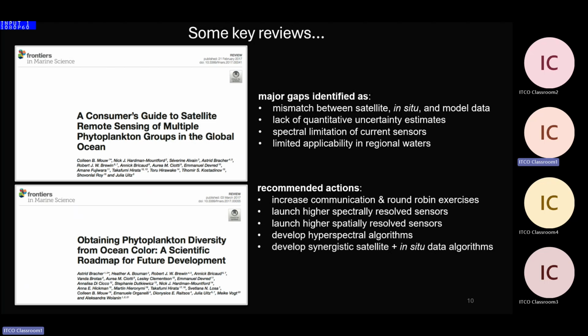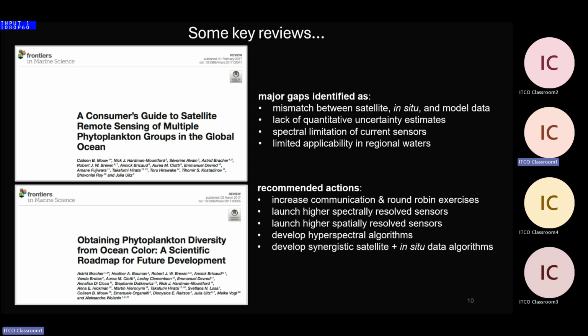Who's heard of these round robin comparisons? Anybody? Round robin is where you have a bunch of different algorithms and you want to figure out which one might be the best for your area, or how they perform when you compare them to one another. But that can be tricky because sometimes these classification algorithms output different things, so you're not always comparing apples with apples.